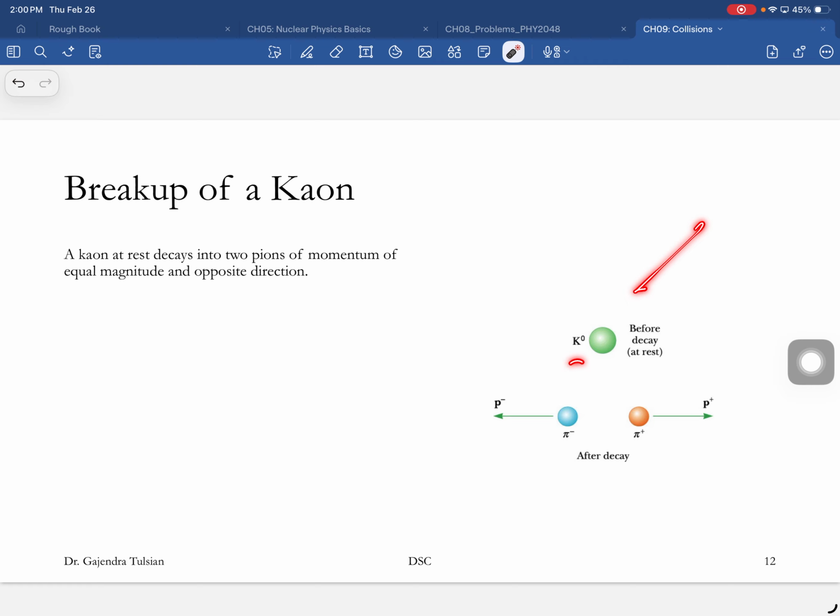They can move in any direction, but they have to move at exactly the same speed and exactly 180 degrees apart. Why is that? If they went at any other angle, the velocities wouldn't cancel out. The momentum initially is zero, and the only way the final momentum is zero is if they're moving exactly opposite to each other and exactly at the same speed.